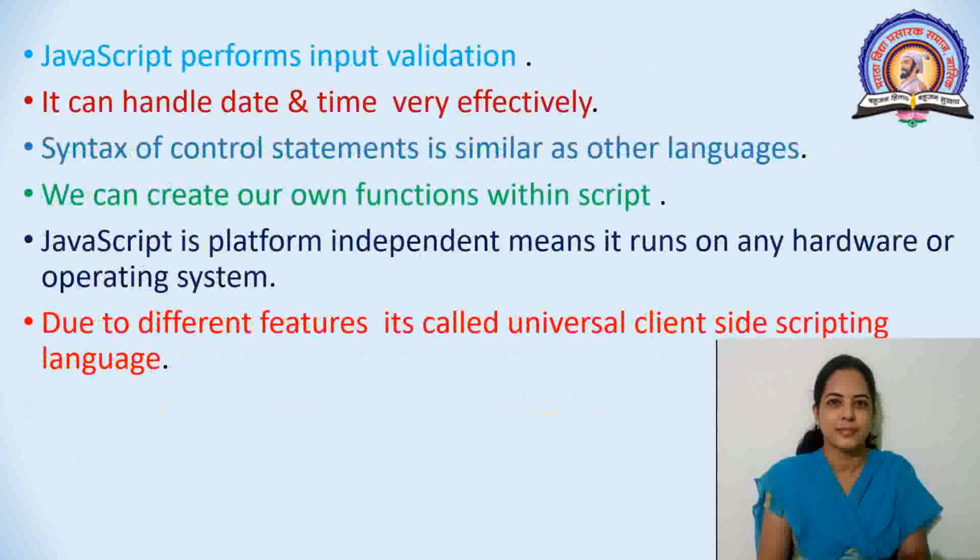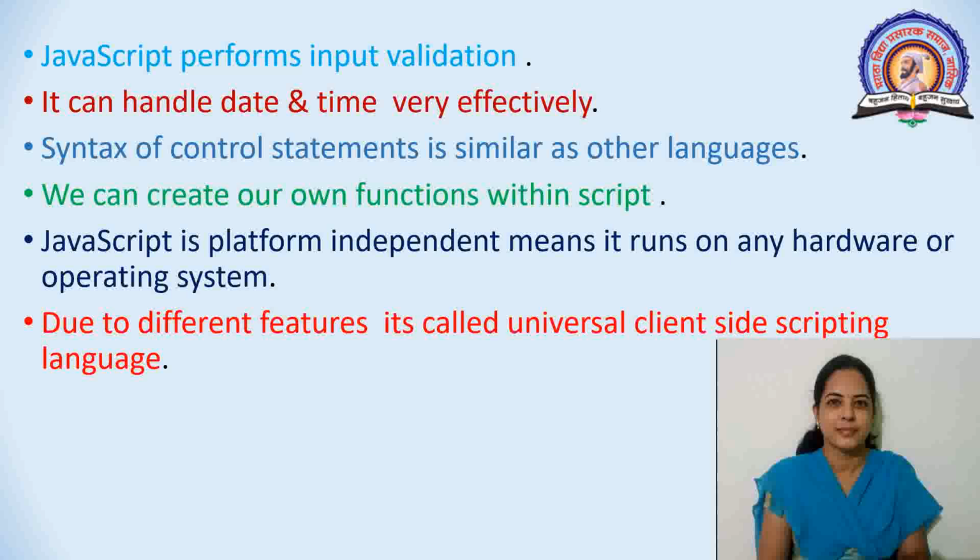JavaScript performs input validation. We can write different programs in JavaScript for validating data, like validating a number such as salary, or we can validate a telephone number or mobile number. We can validate birth date, email ID, username, password.